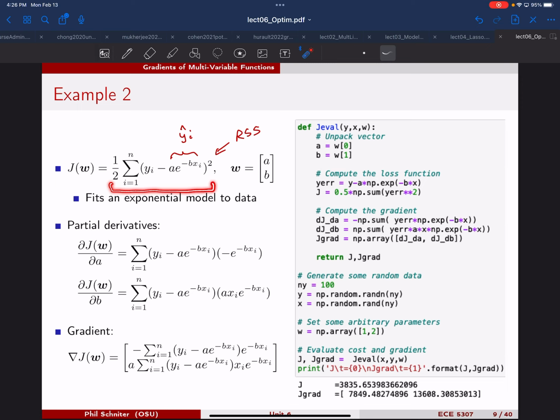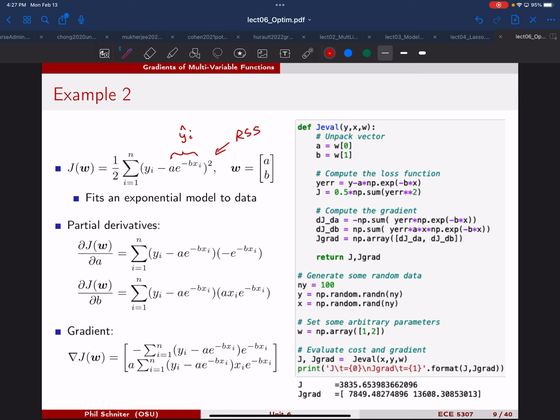This is just repeated chain rule. So the first thing is, if you want to do dJ/dA, you're going to slide that through this summation, and now you have to work on this object here. By the chain rule, you're going to have 2 times the interior times the derivative of this with respect to a.